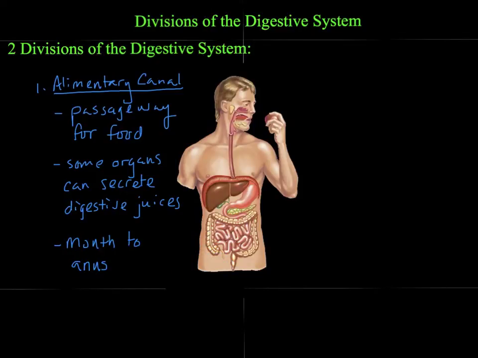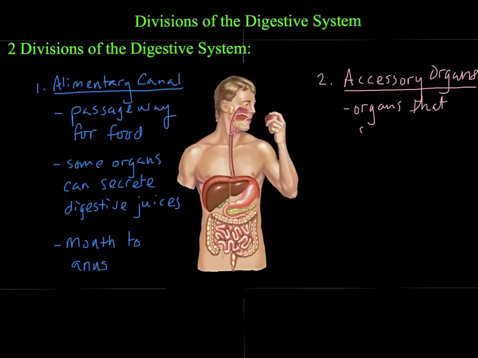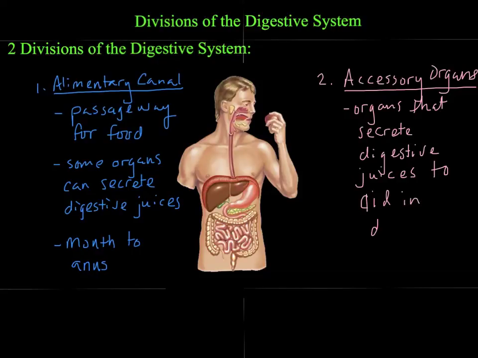The second division of the digestive system are the accessory organs. Accessory organs are organs that secrete digestive juices into the alimentary canal to aid in digestion.